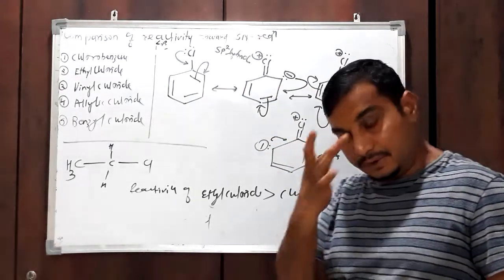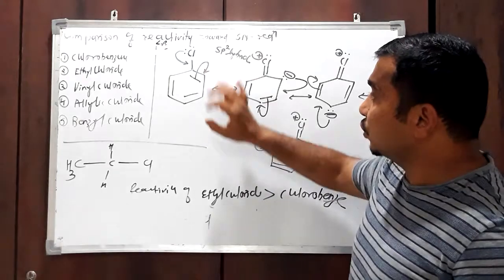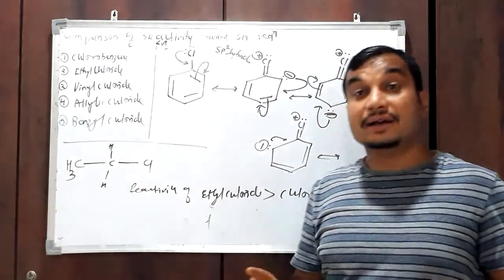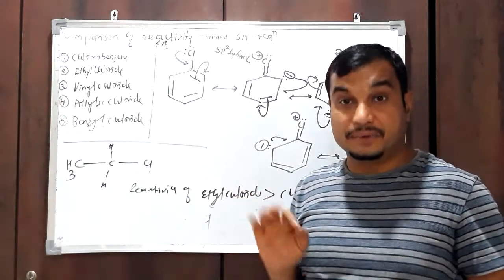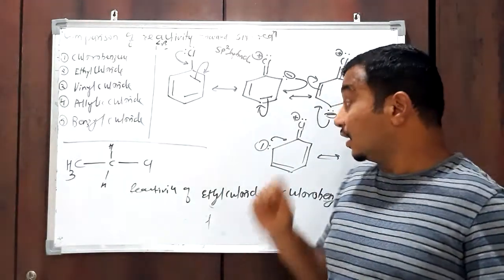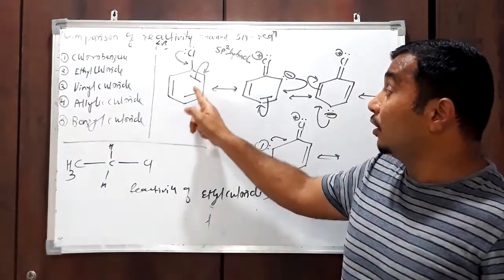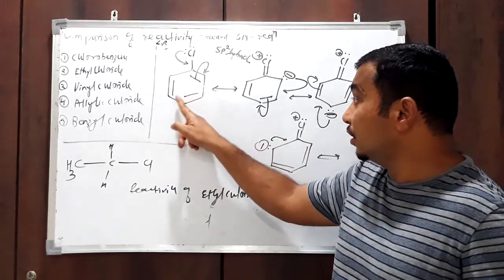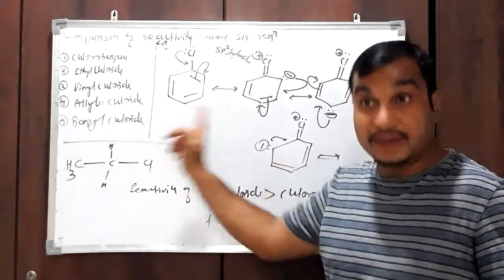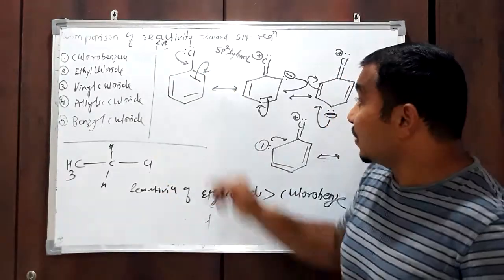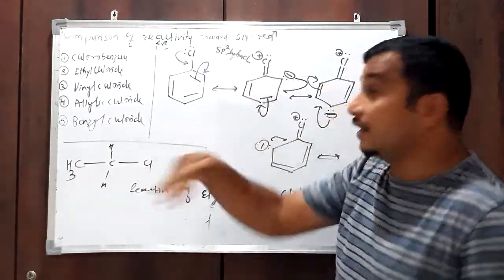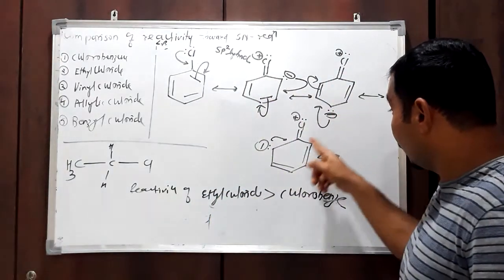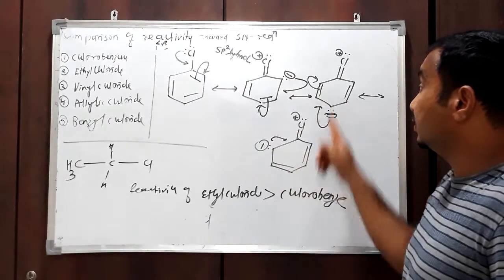Again I will repeat this. In the case of chlorobenzene, the chlorine atom is directly attached to the benzene ring and has lone pairs of electrons which are in conjugation with the double bonds present in the ring: lone pair, single bond, double bond, single bond, double bond. There is conjugation, so the lone pair gets transferred toward the ring, and we have various resonating structures.